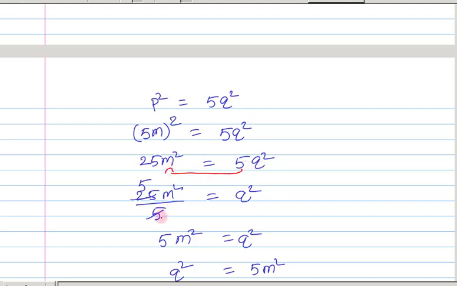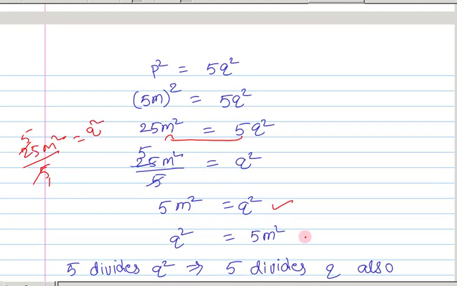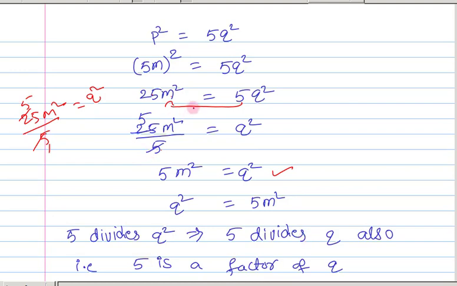Transposing this 5 to the other side, it becomes a divisor. So I can write 25m square by 5 is equal to q square. 5 into 5 cancels, so I can write 5m square is equal to q square. That is, q square is equal to 5m square.